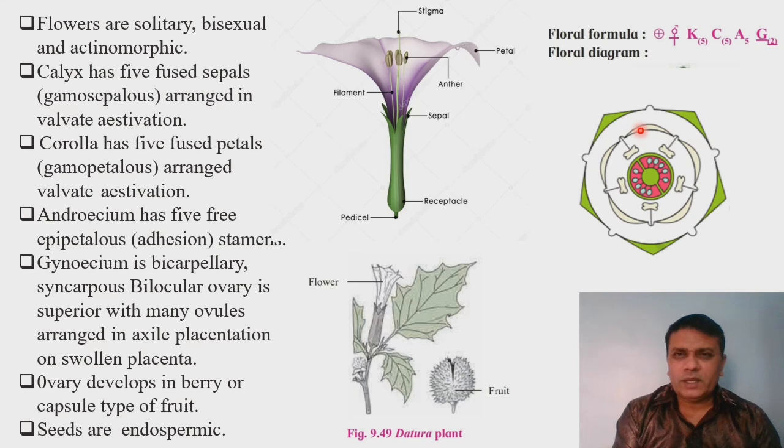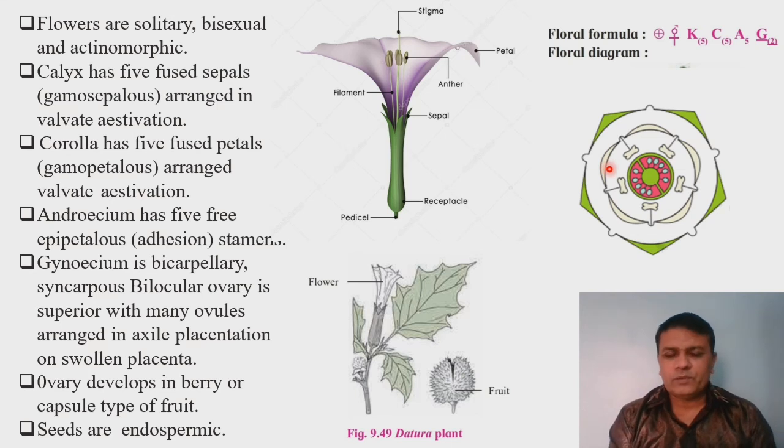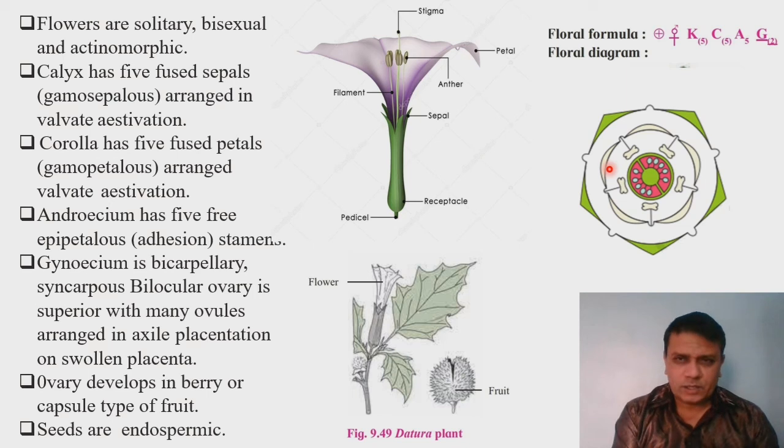Here we can see, inner to the calyx, the corolla is present, and the corolla shows a total of 5 petals. These petals are fused with each other and show valvate aestivation, and as the petals are fused, the corolla is called gamopetalous corolla. Then the next floral whorl is the androecium, which consists of individual members called stamens.